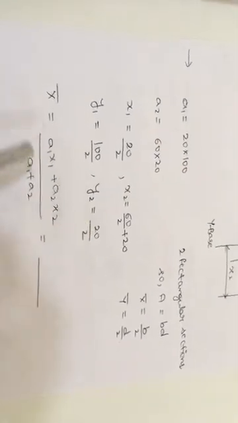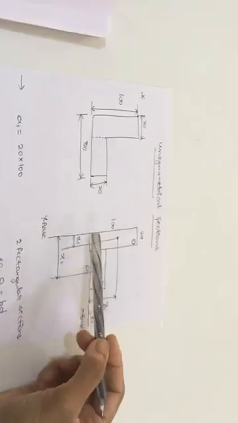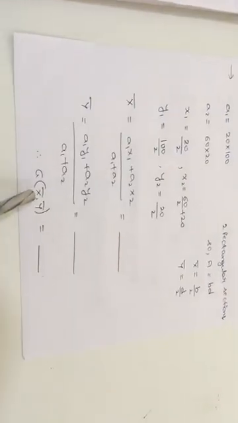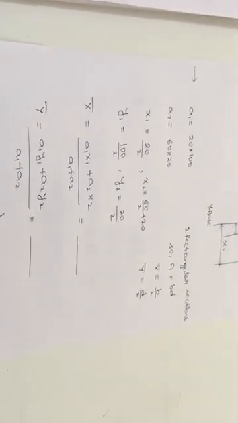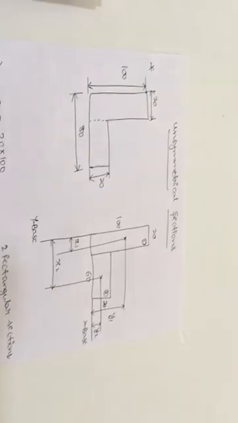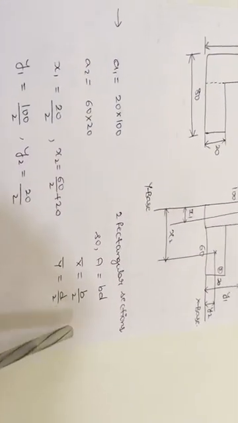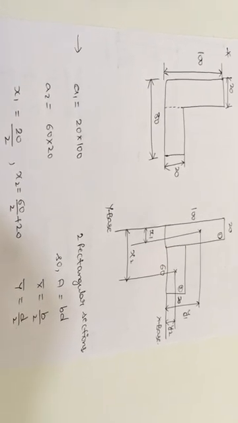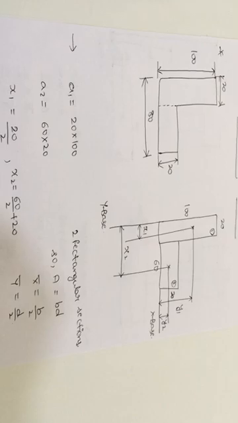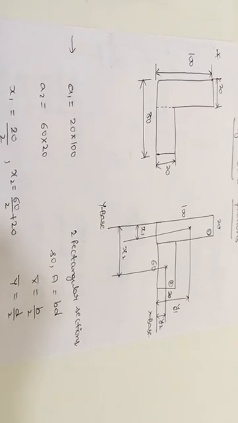From these formulas we can calculate the x bar and y bar, the centroid value for this unsymmetrical section, by using the calculation. Remember one thing: formulas are applicable up to that individual section only, but you need to calculate the distances up to the base to calculate the total x bar and y bar.